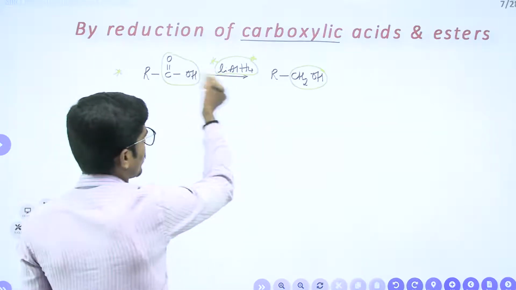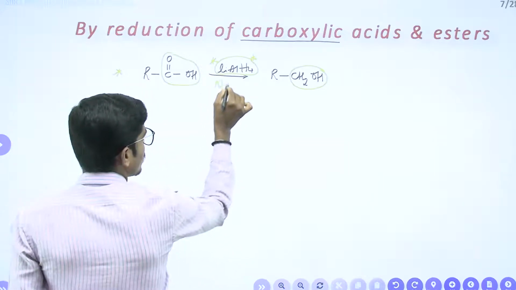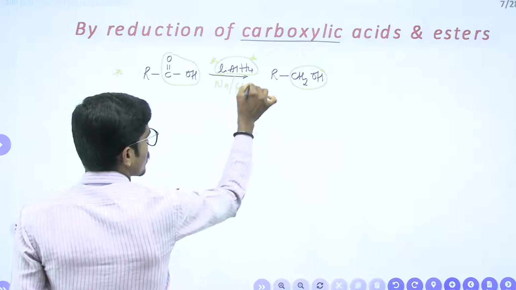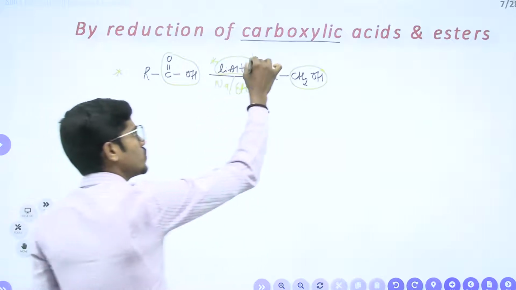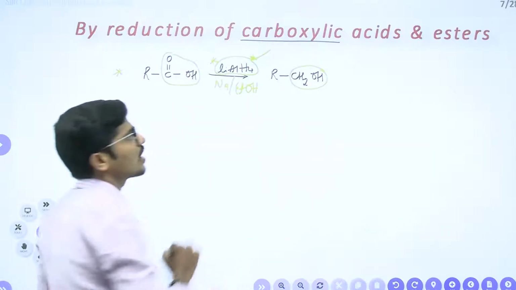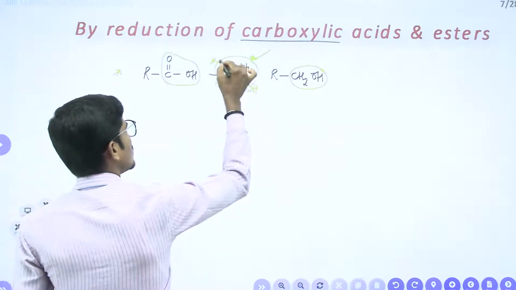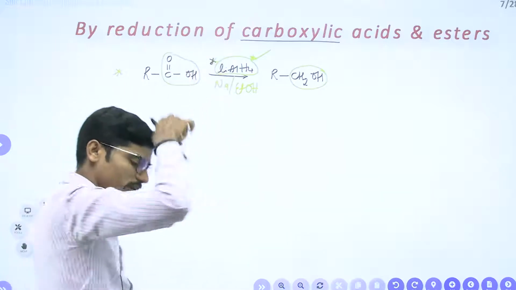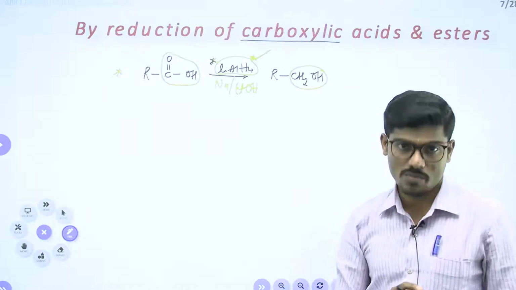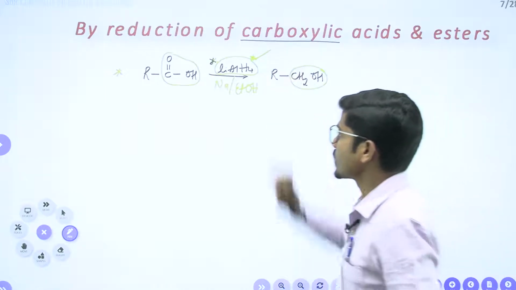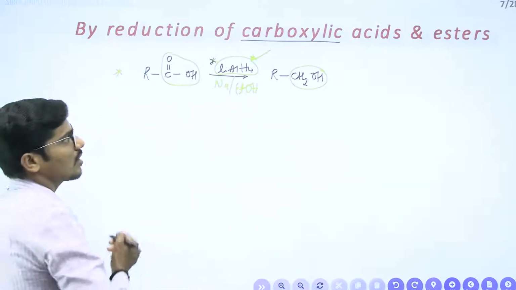Instead, we can use other reducing agents like sodium in ethanol, which also gives alcohols from carboxylic acid with a high yield. Lithium aluminum hydride is used only to prepare some specific organic compounds because it is very expensive. So how can we prepare alcohol from carboxylic acid by the alternative method?